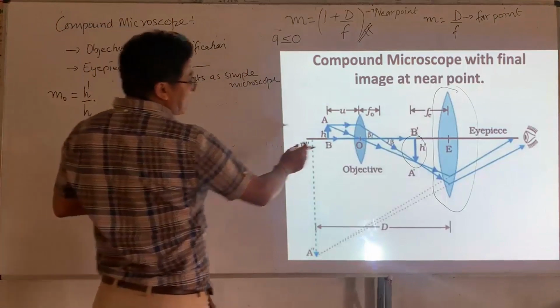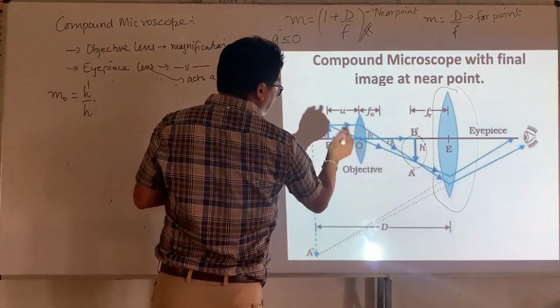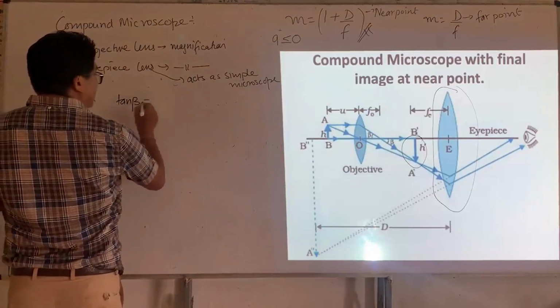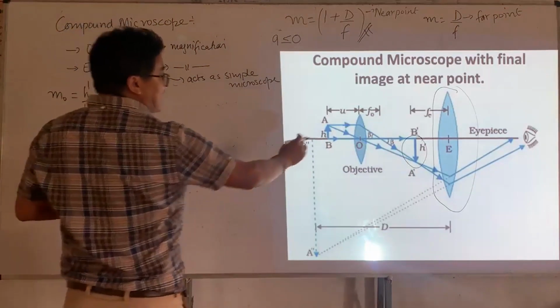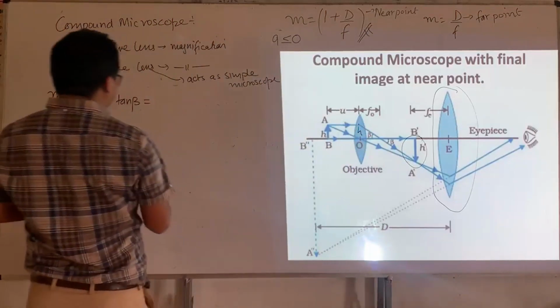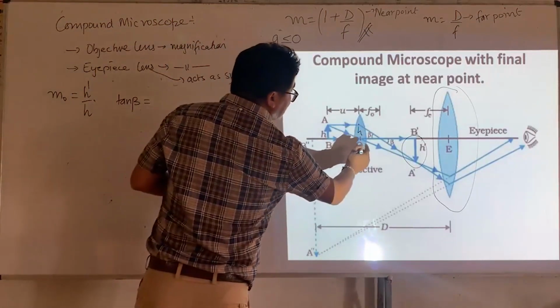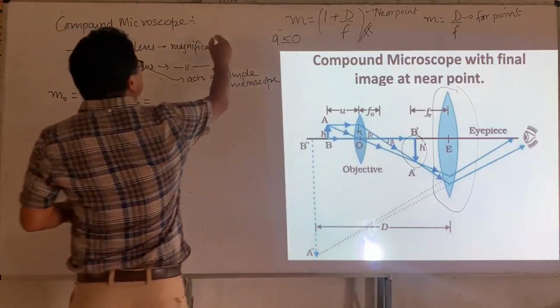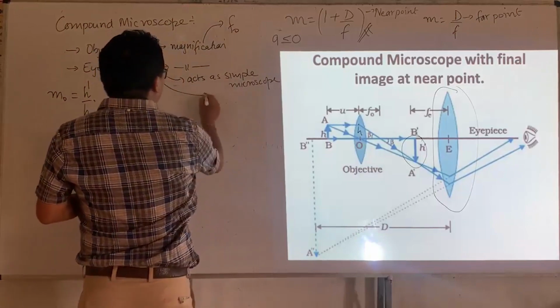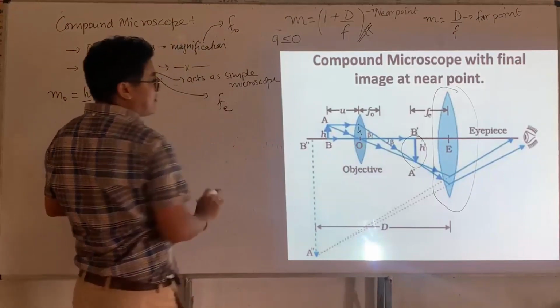However, now I take this angle, beta, right? Beta is equal to, this height is H, and this distance is F. Again, I say this has a focal length of F naught, and this has a focal length of Fe.